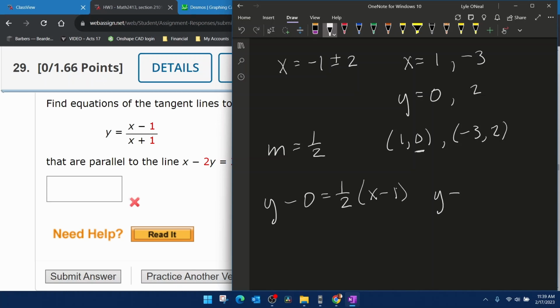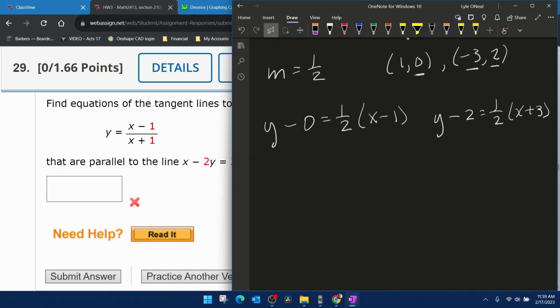Minus a negative makes that a plus. And simplifying, for the first equation, y minus 0 is just y, and the 1/2 needs to distribute. 1/2 x minus a half.